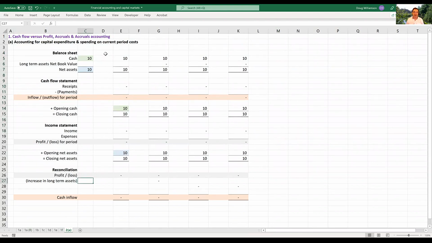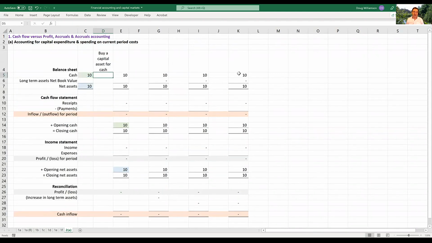Let's say, first of all, we buy a capital asset, let's say a super duper lawnmower for cash. And that costs us, let's say, 8. So we spend 8 on a state-of-the-art solar-powered, very excellent lawnmower.